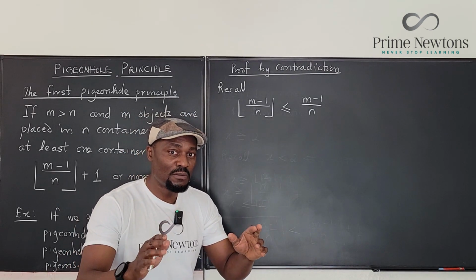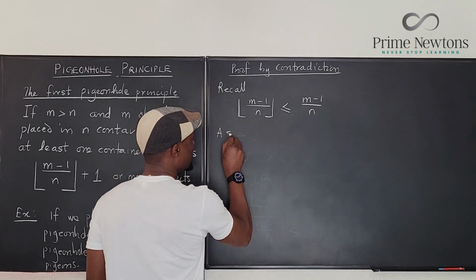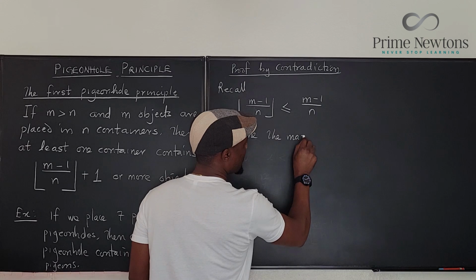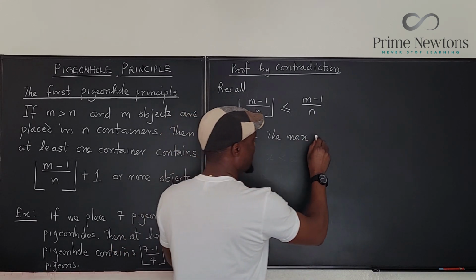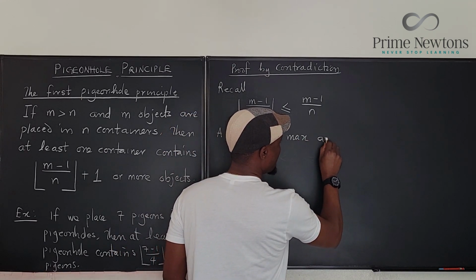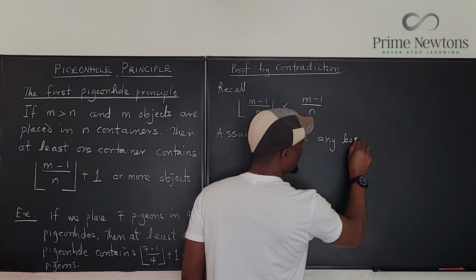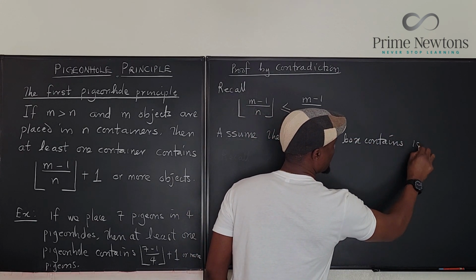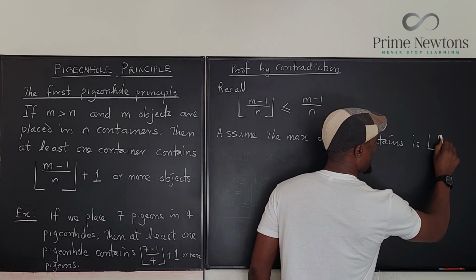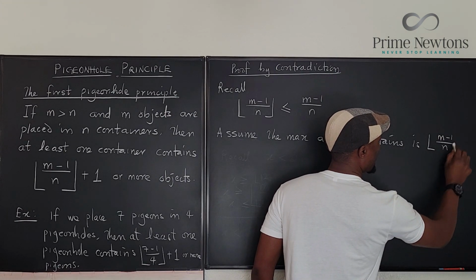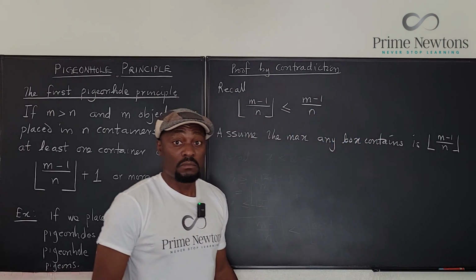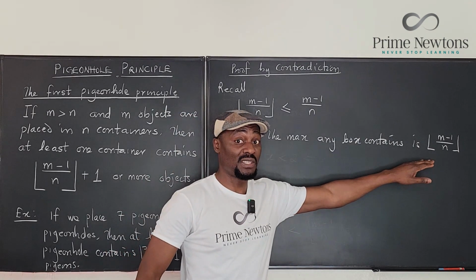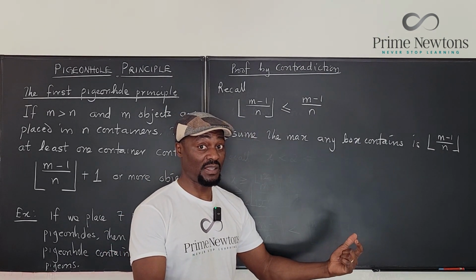So let's assume the maximum any box contains is this. So we don't have that extra one that I said. So that's the maximum, because that's how you justify the inequality.